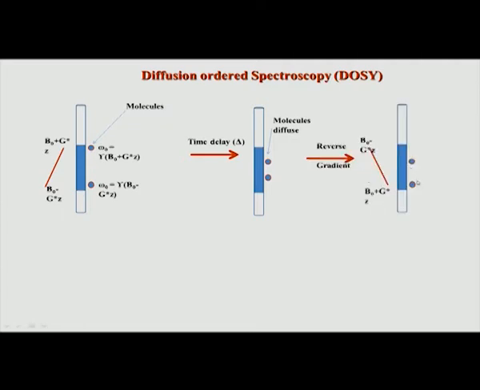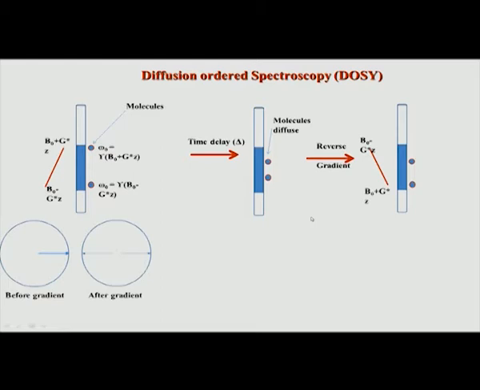So they do not completely rephase back, and this is exactly what we want. We do not want it to be rephased completely, because if everything is back to the original position, that is not useful for us. What we want is some amount of dephasing because of diffusion, and that will give information on the diffusion process.